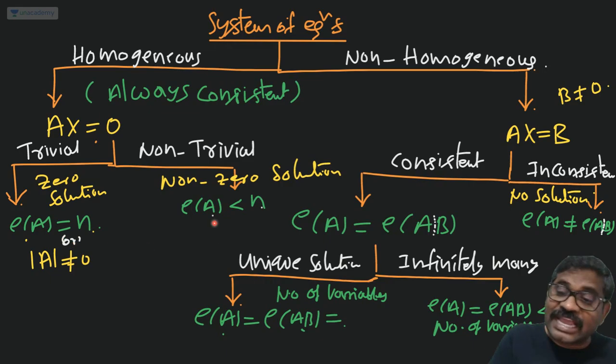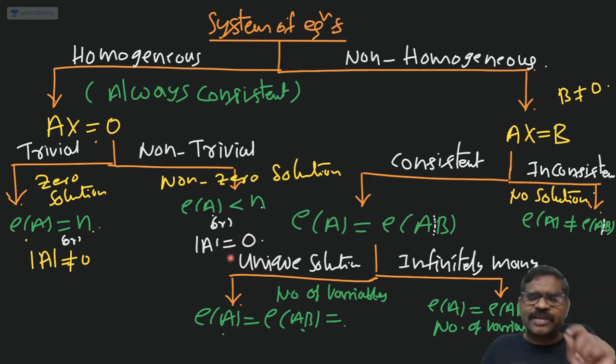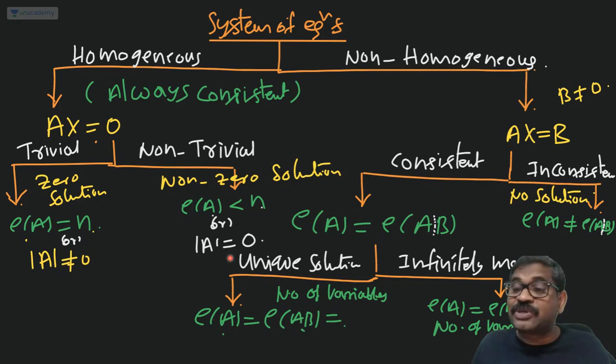If rank is less than n, then determinant of A is 0. If determinant is 0, then the system possesses a non-trivial solution. If determinant of A is non-zero, then the system possesses the trivial solution.